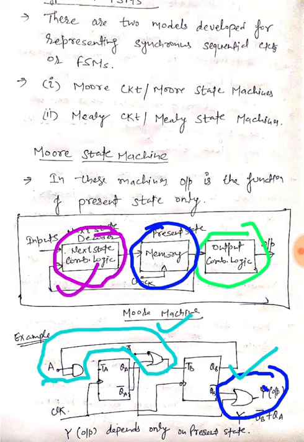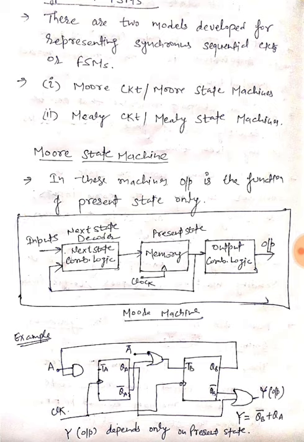current state. That is, our output y is equal to QB bar plus QA, where QB bar is coming from this flip-flop, and QA is this. So QA and QB will decide the state, the next state.